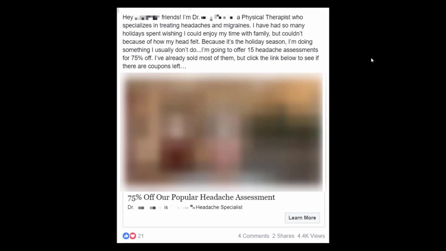Now, what we did here, these headache assessments are essentially like discovery visits. They're not a full evaluation, but they are maybe a 20-minute visit where you're getting some information about what the patient's dealing with and giving some suggestions as to what they could start focusing on, with the goal being to get them to a full evaluation. So we give some scarcity in talking about 15 assessments being available.